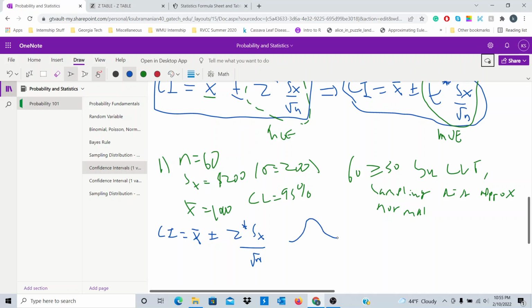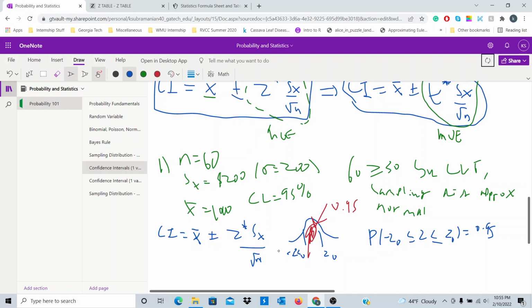So since we have a normal approximation, we know that this area in red will be 0.95. If we have some z naught right here, I want to find the probability that we're having a z-score in between negative z naught and z naught inclusive. This probability is 0.95. But what do we know?